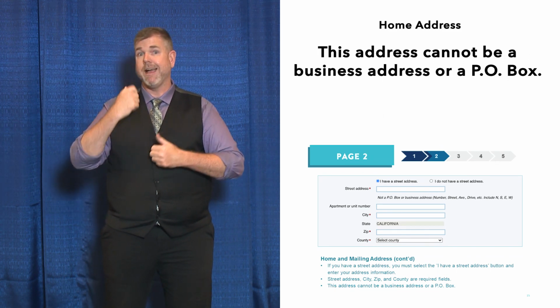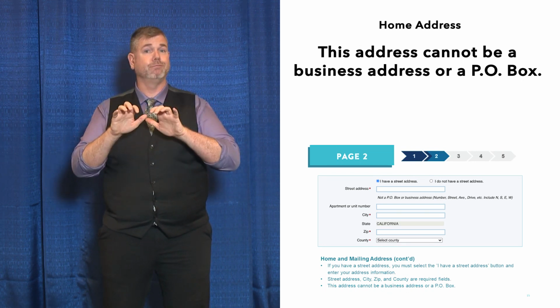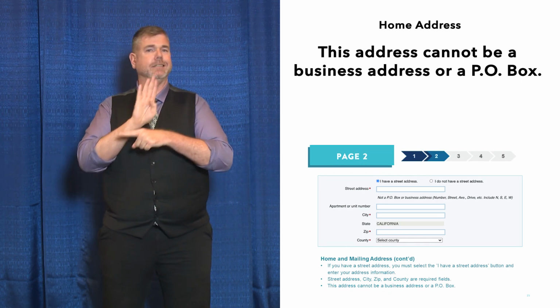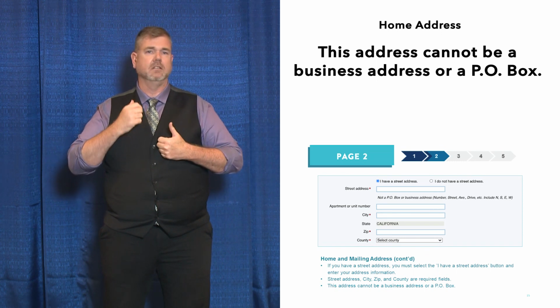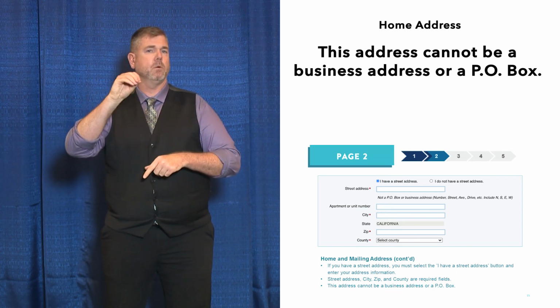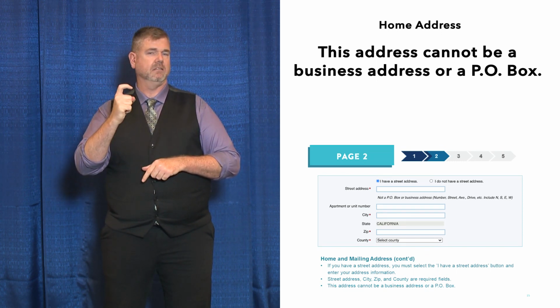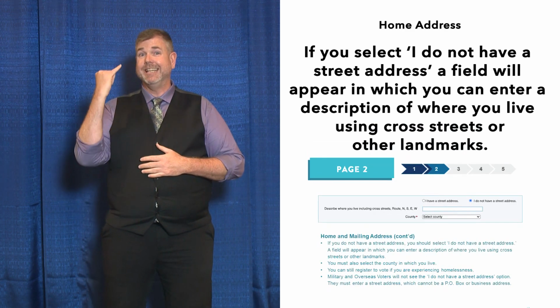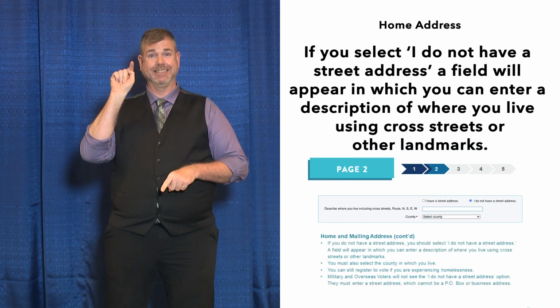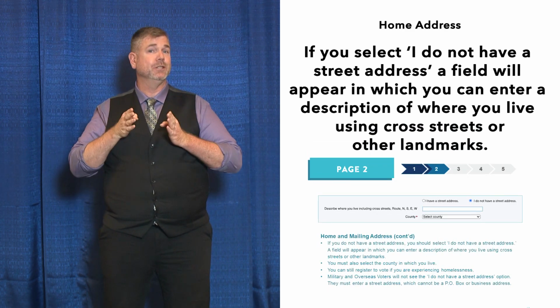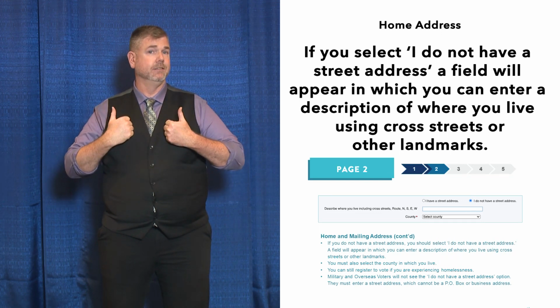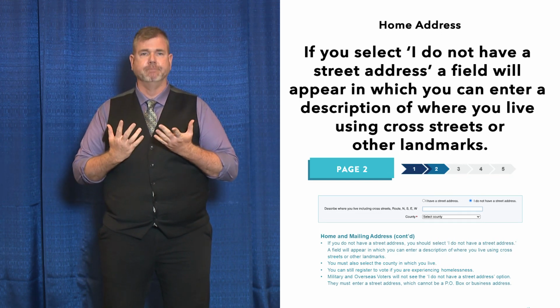This address cannot be a business address or a P.O. box. If you select I do not have a street address, a field will appear in which you can enter a description of where you live using cross streets or other landmarks.